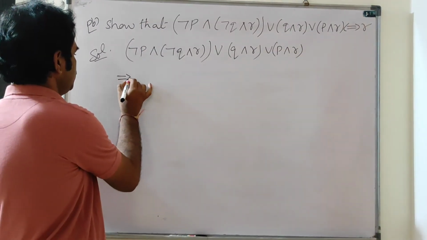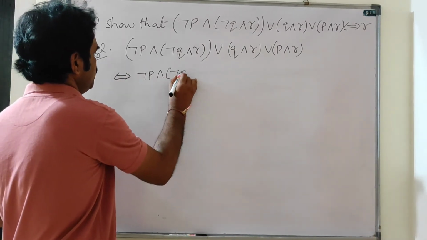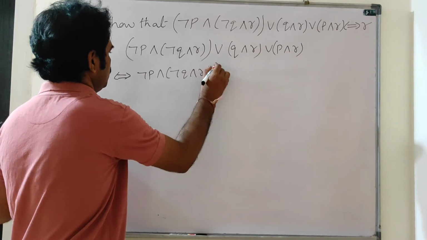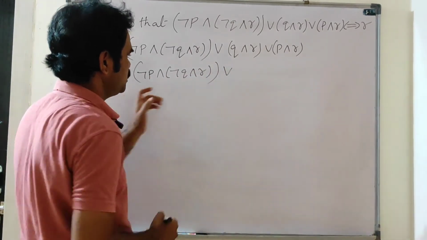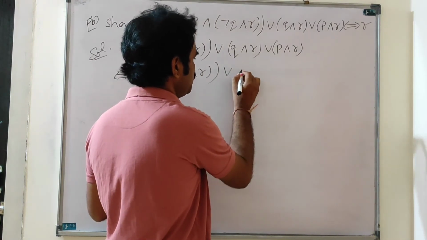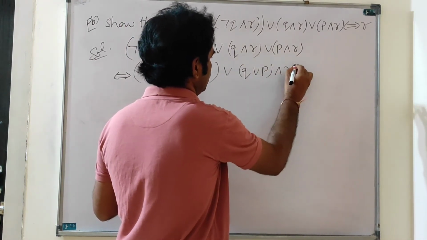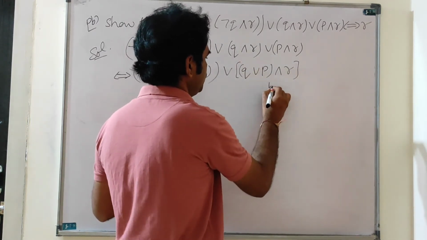This is logically equivalent to negation P and negation Q and R, or say this Q and R or P and R, which is Q or P and R by distributive law.